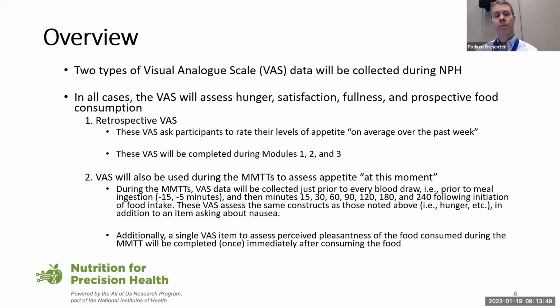So firstly, in modules 1, 2, and 3, so across all the modules, we're administering what we call retrospective VASs. Those are ratings of 5 different appetite measures, which are listed there. It's hunger, satisfaction, fullness, and prospective food consumption. And the participants will answer those questions and rate their average appetite rating over the past week. All right, so we just administer each one of these 4 once, and they make their average rating over the past week. So that goes through all of the different modules.